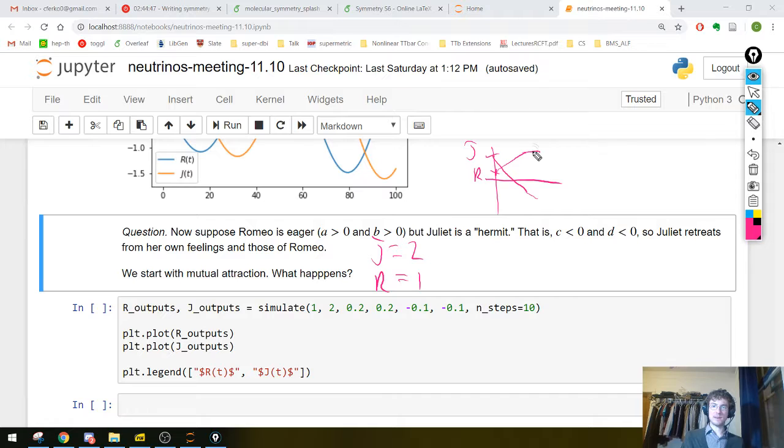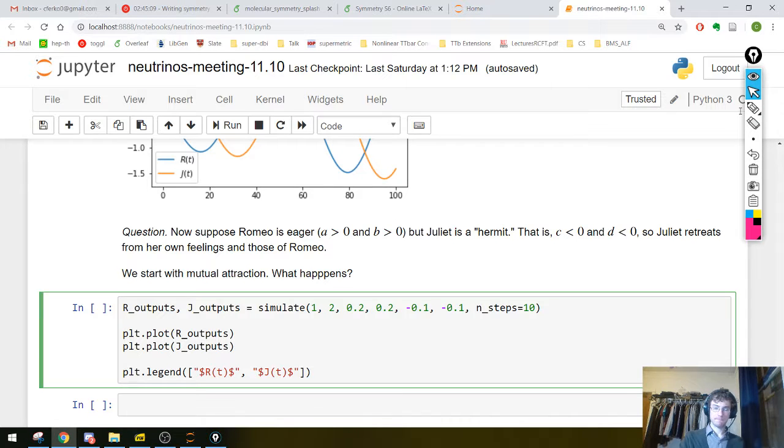He's like, what happened? I thought everything was wonderful. Then it's not clear at this point what's going to happen next, because he still has his own feelings. He responds positively to his own feelings, but he's also unhappy because it seems that Juliet doesn't like him anymore. So is he going to go back down, or is he going to reach some, I don't know, balance? It depends on the numbers, so let's run it and see what happens.